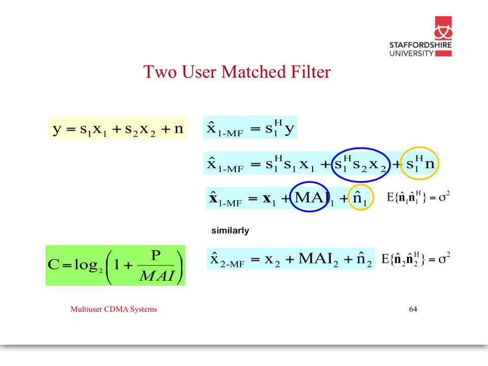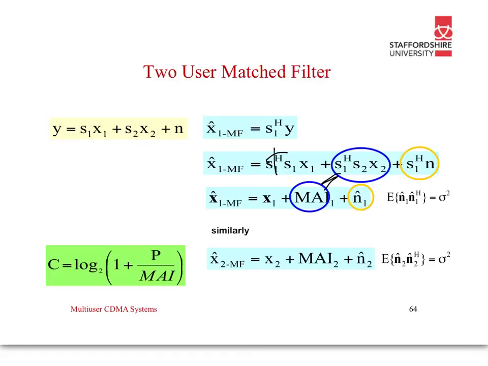In this case we're using two matched filters. So the output Y is signature 1 times user 1, plus signature 2 times user 2, plus N. Now we apply the same code 1 to our Y. So we've got signature 1H times S1, which is essentially 1, plus signature 1H times signature 2 times X2, which is what we showed before in previous slides.